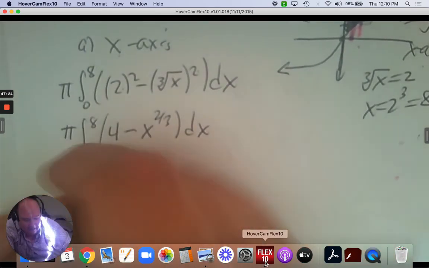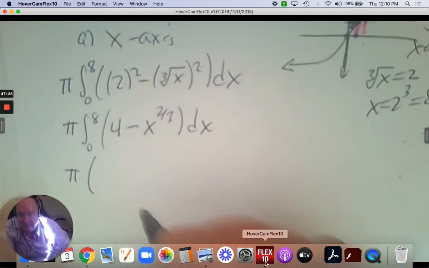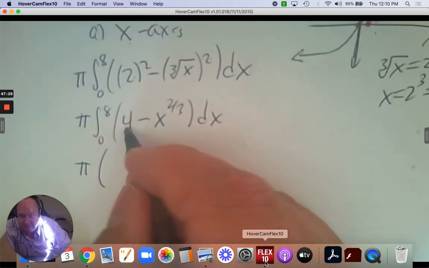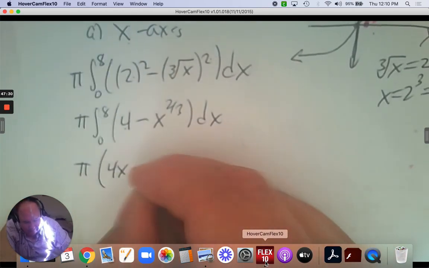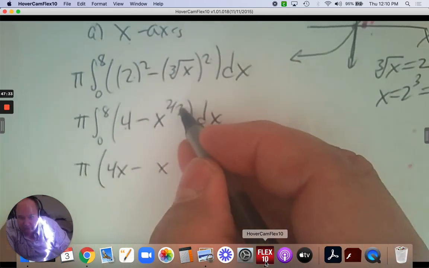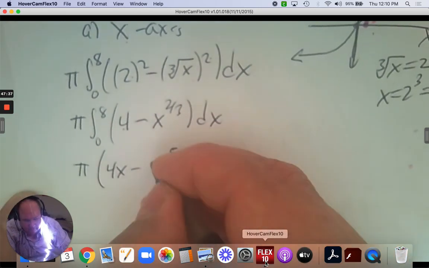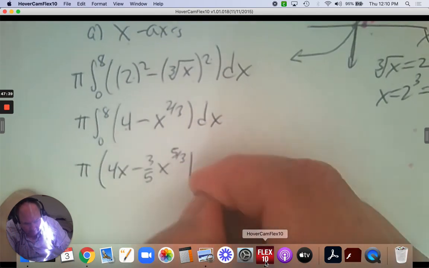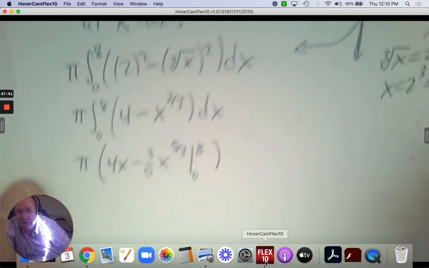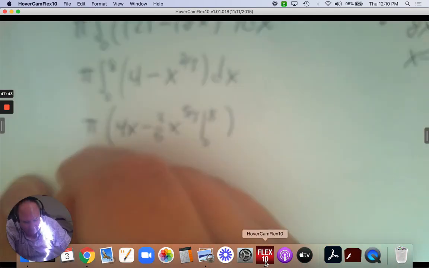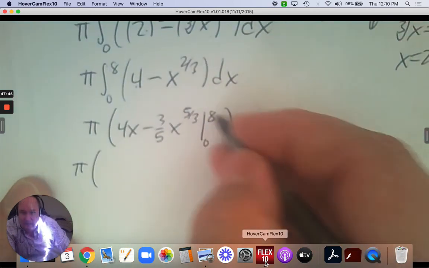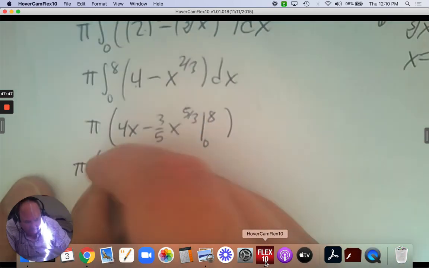Now I'm going to do the antiderivative. Pi can just stay in front. So the antiderivative of 4 is 4x. The antiderivative of x to the 2/3, you add 1 to the exponent, so that's 5/3, and then times the reciprocal, and then I'm integrating from 0 to 8. The last step is you plug in the upper bound and then the lower bound, and I don't need to simplify it.